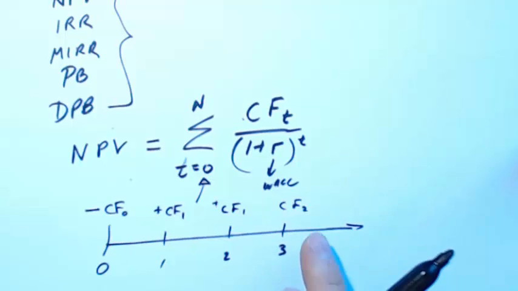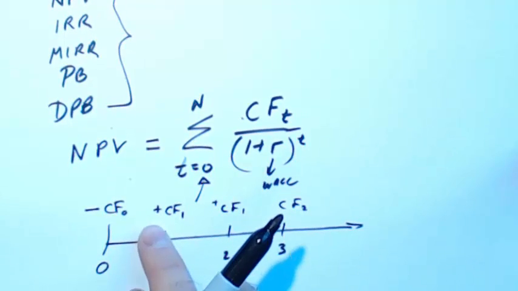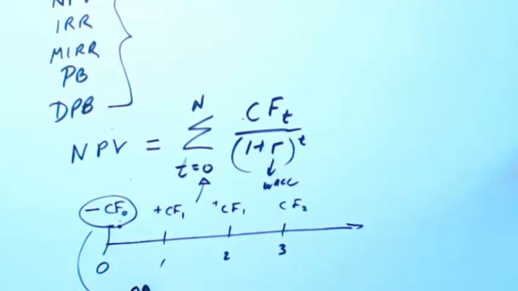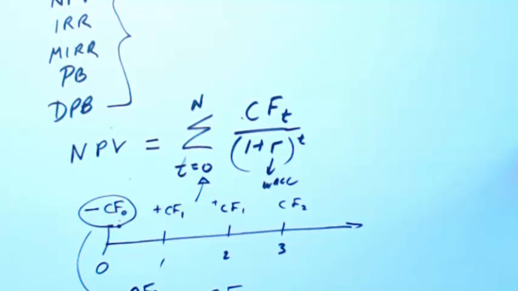We're going to take the present value of each of those cash flows and net it against today's cash flow. Today's cash flow, by the way, is already discounted. There's no real discounting needed for that cash flow. If you want to do the math, it's the cash flow divided by 1 plus R to the 0 power, because you're discounting it over 0 time, and that's nothing but cash flow over 1.